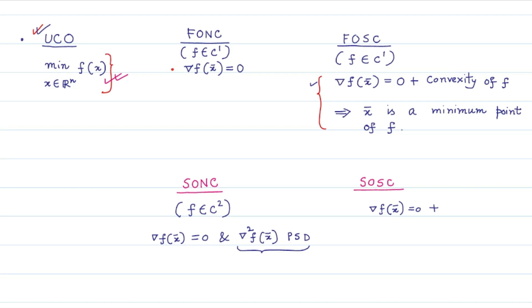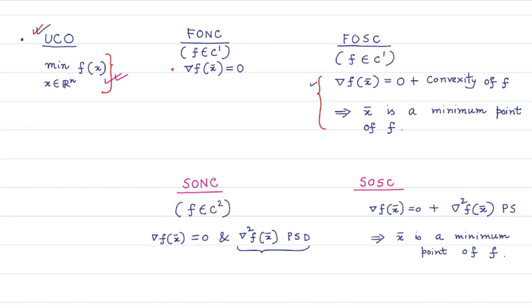So here, in addition to the stationarity of x bar, we also take that the Hessian at the point x bar is positive definite. These two conditions together, in the second order sufficient condition, mean the point x bar is a minimum point of the function f.